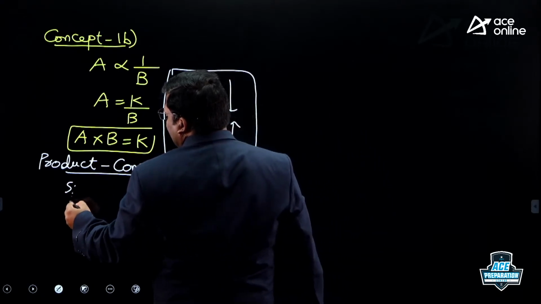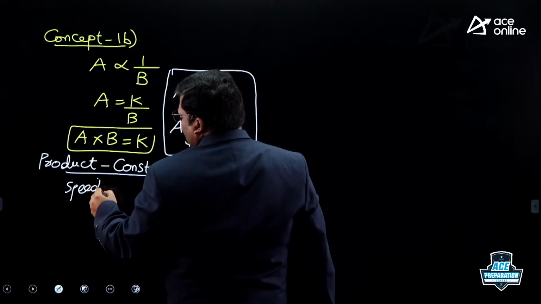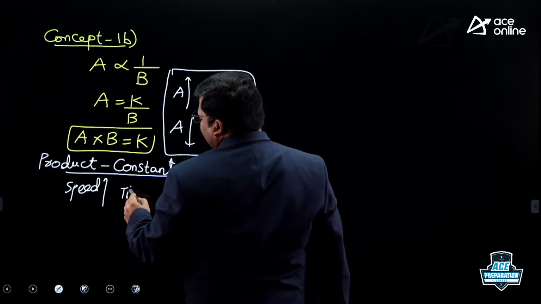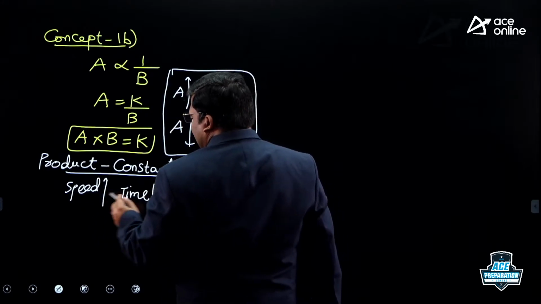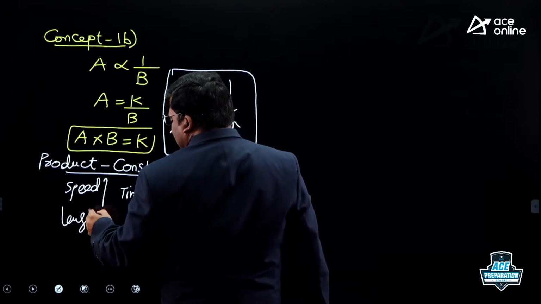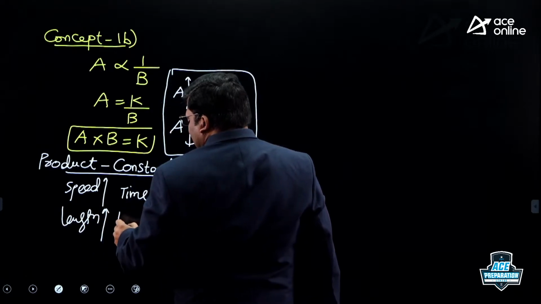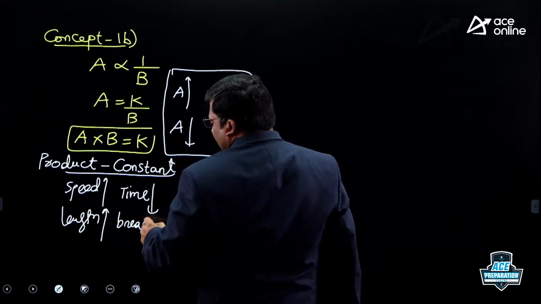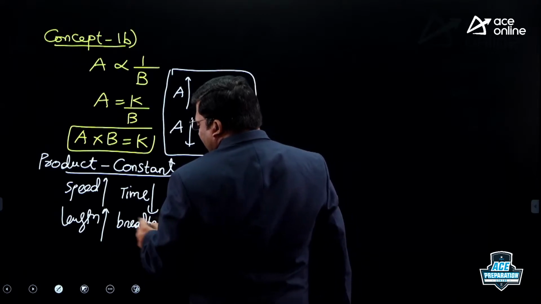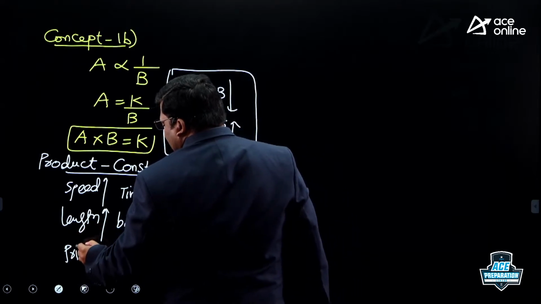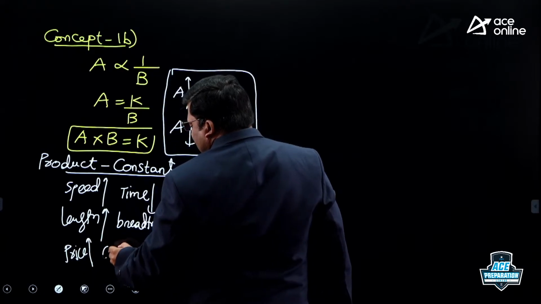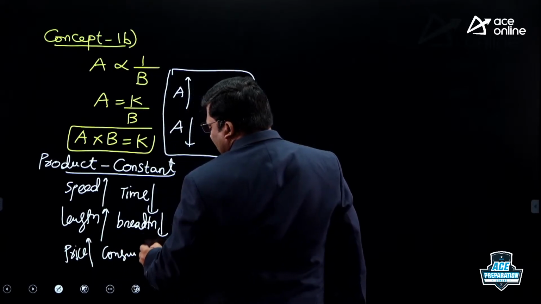If speed increases, time will decrease. If length increases, breadth will decrease. If price increases, consumption will decrease.